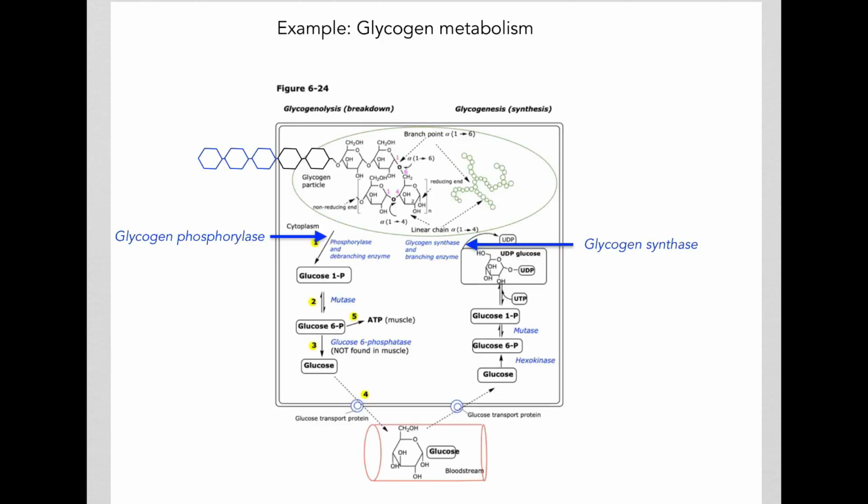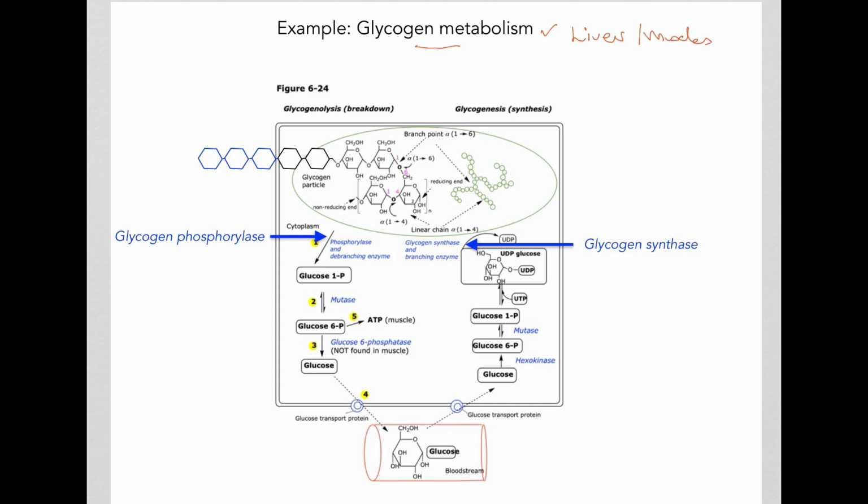So let's apply this concept of covalent modification using an example. We use two enzymes from glycogen metabolism. Remember, glycogen metabolism, as we discussed in previous videos, is very important, especially in the liver as well as muscles.